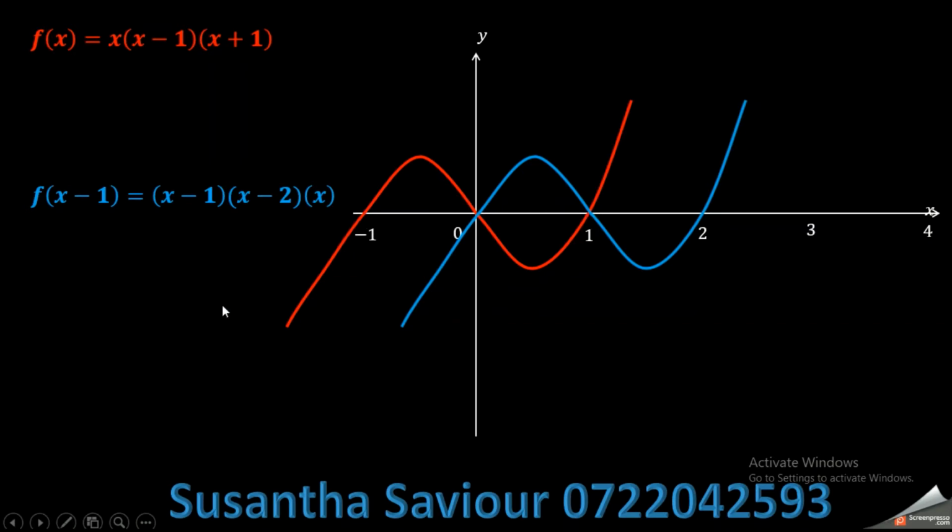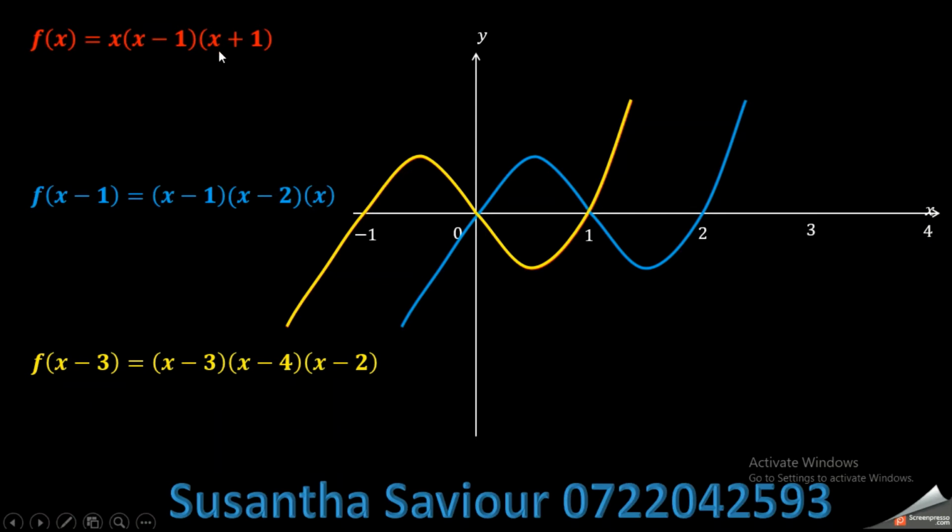Okay, now we will take another example and see. F of x minus 3, right? F of x minus 3 means all these x's will be replaced by what? This x minus 3. So this is x minus 3 now. This will be x minus 3 minus 1. Then it will become x minus 4. This will be x minus 3 plus 1.